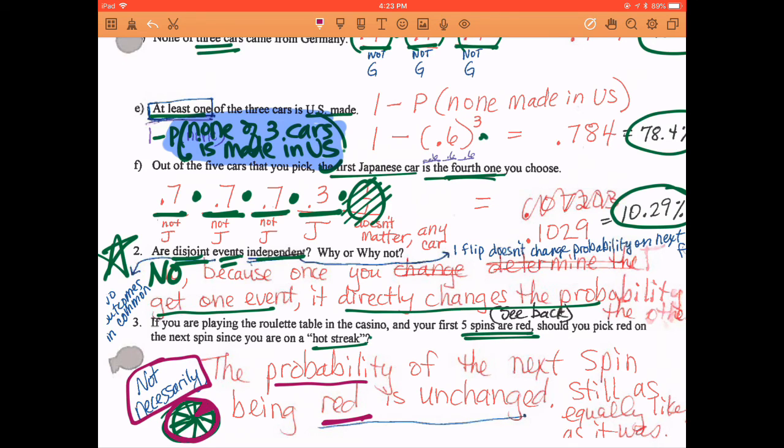Because when you spin a roulette wheel, the next spin has nothing to do with the first spin. It is exactly the same chance as the previous one, and that is because they are independent of each other. So who cares how many times you've spun it red?